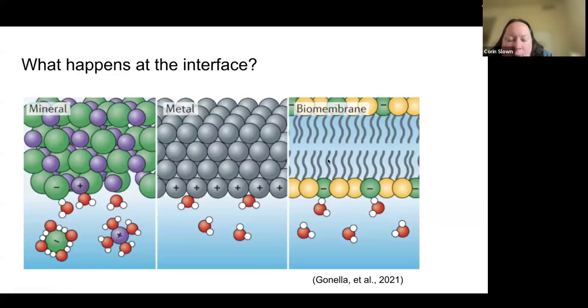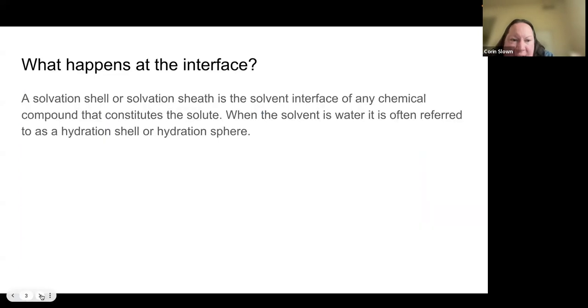So part of what we're going to be talking about today is what is affectionately known as solvation shells or solvation sheaths. These are going to occur at the interface of any of the chemical compounds that we consider solutes. If our solvent is water, then we often refer to it as a hydration shell or a hydration sphere.